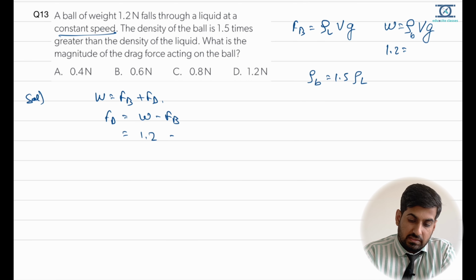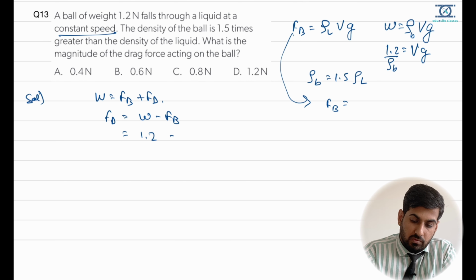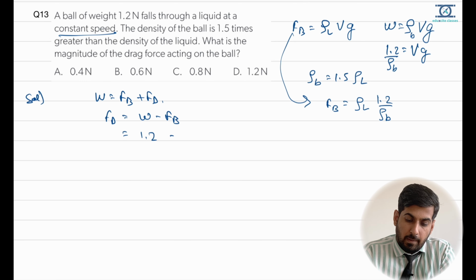So the density of the ball times Vg is 1.2, because it is completely submerged, so the volume will be the same. So buoyant force is density of liquid times Vg, which is 1.2 divided by the density of the ball, which is 1.5 times the density of liquid.